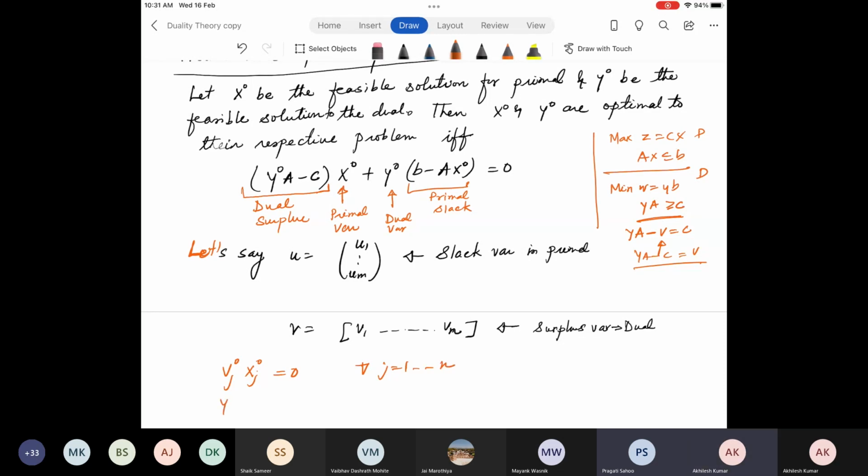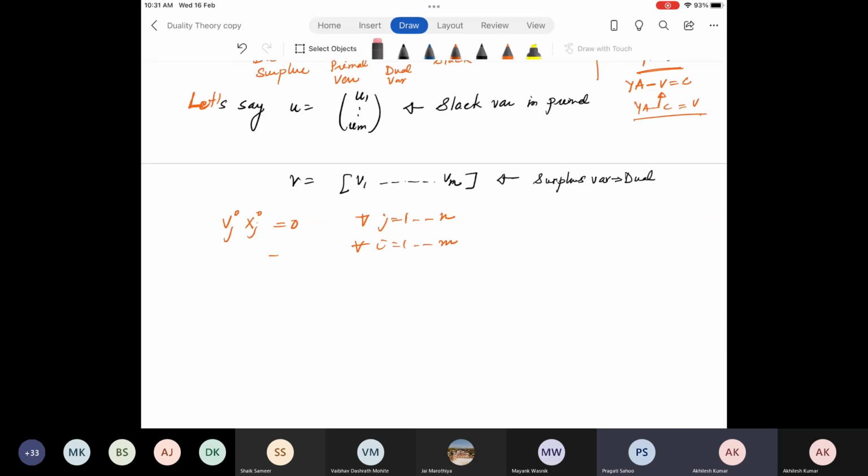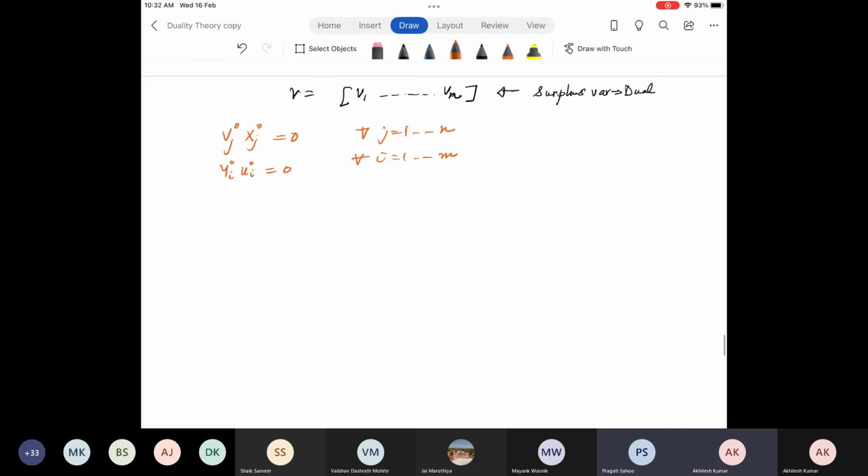And yi0 and ui0 equals to 0 for all i equals to 1 to m. Now look at this equation, and that will tell you why the name complementary.